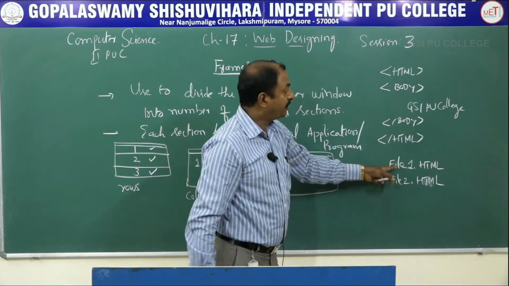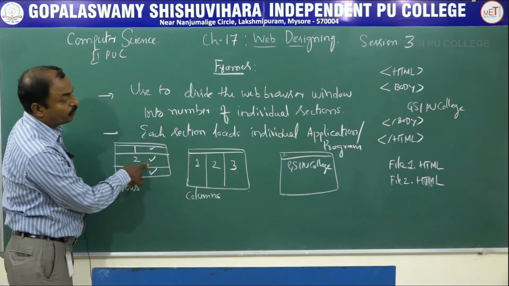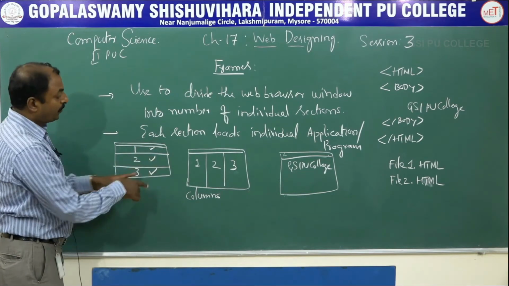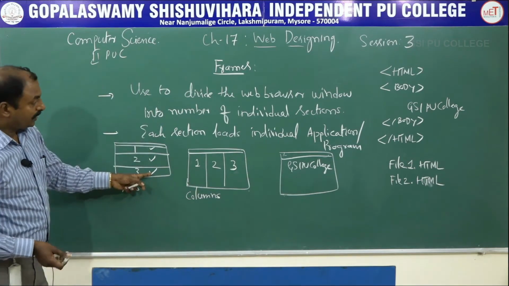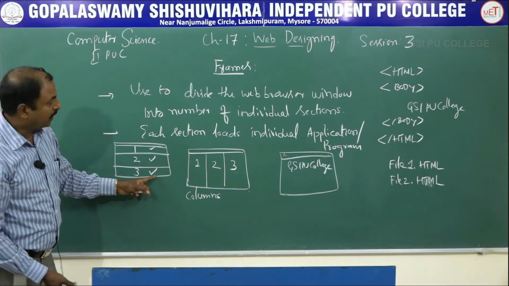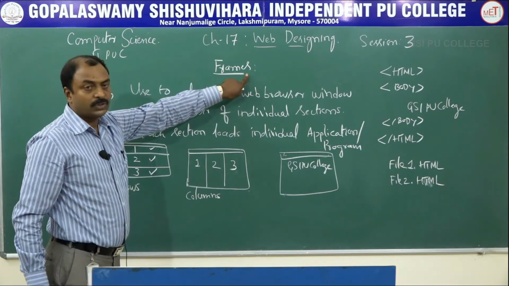Suppose this is file 1; it can be written here. Suppose I write one more HTML file, it comes here. If you have written one more HTML program and you open this, it can be displayed in row 3. So this is the meaning of frames, or the use of frames.